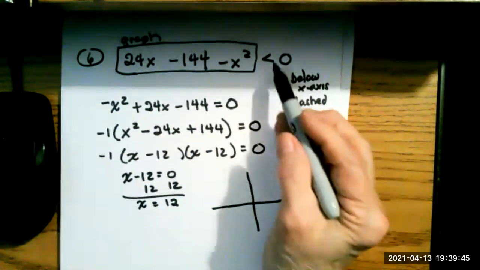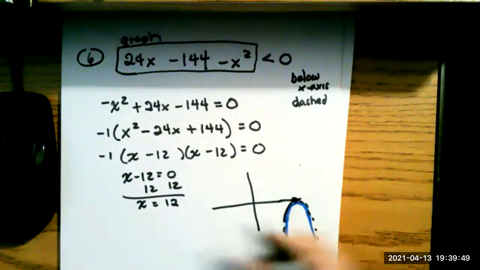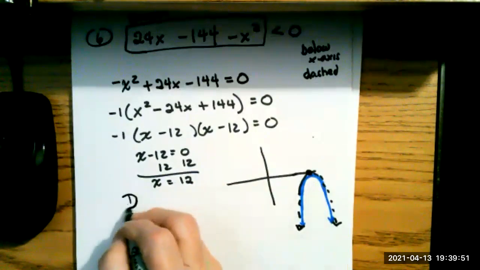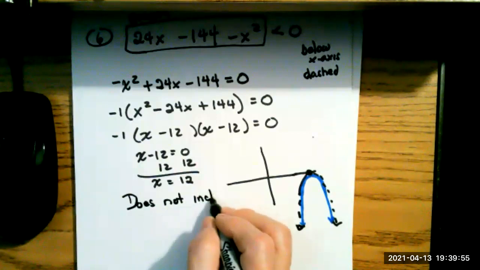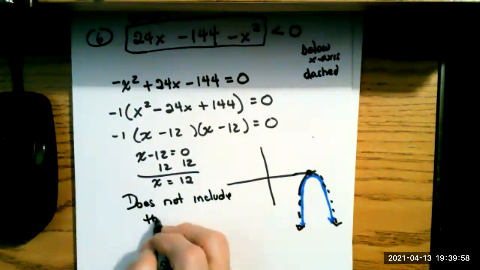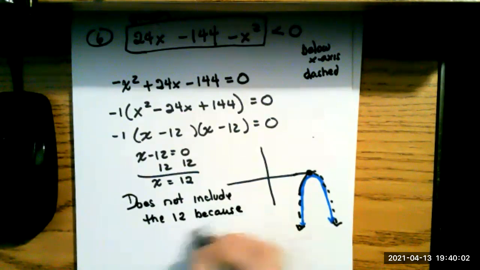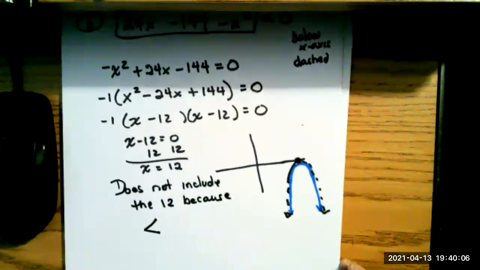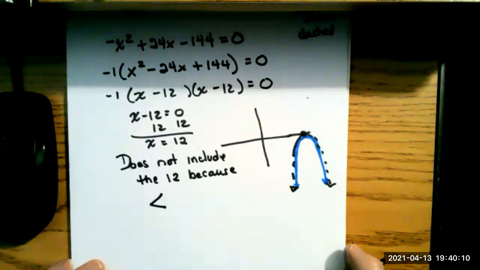But because this is less than, it does not include this point up here. It does not include the 12, because it says less than. So how can I possibly do this in interval notation and skip the 12?